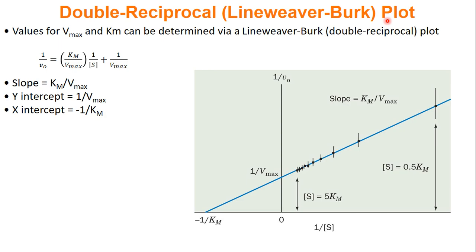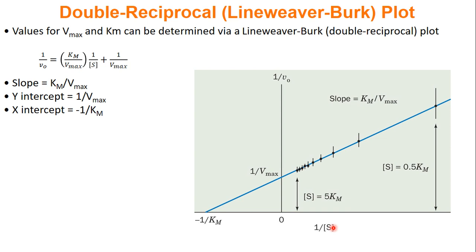Now we can also find out Km and Vmax through a Lineweaver-Burk plot, or what's called a double reciprocal plot. And these were used before computers could do advanced fitting. So we can figure out the Michaelis-Menten equation by doing a nonlinear fit, or we can make our measurements form a straight line if our axes are 1 over velocity and 1 over substrate.